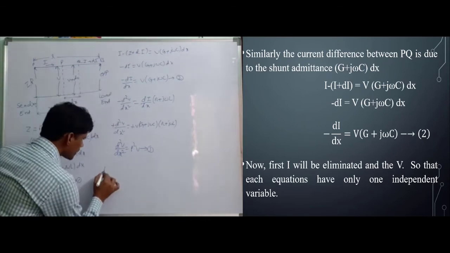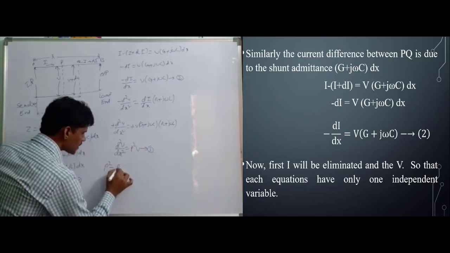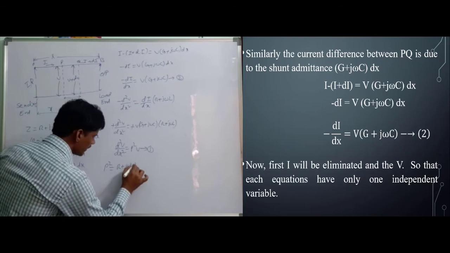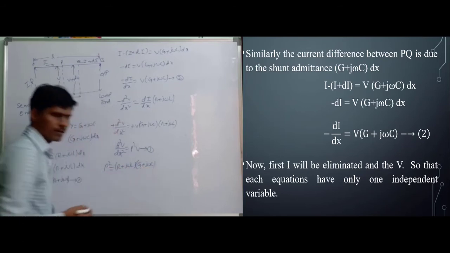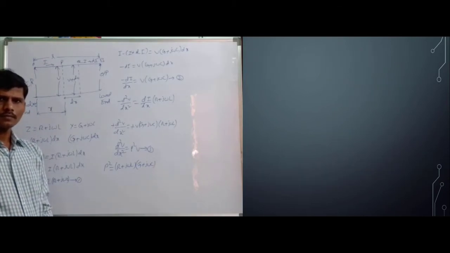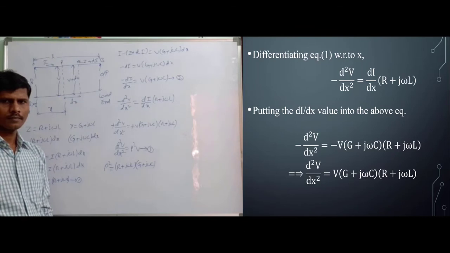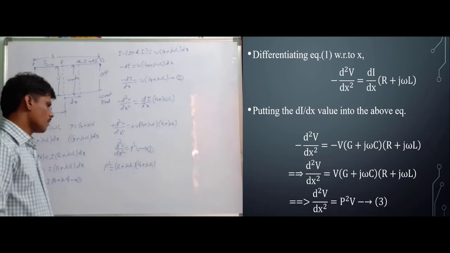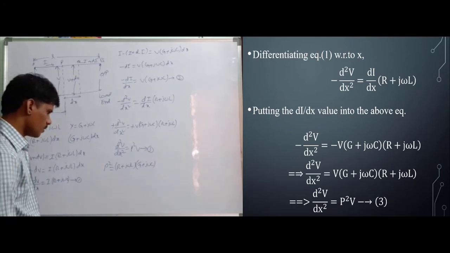where P square is equal to (R plus j omega L) into (G plus j omega C).